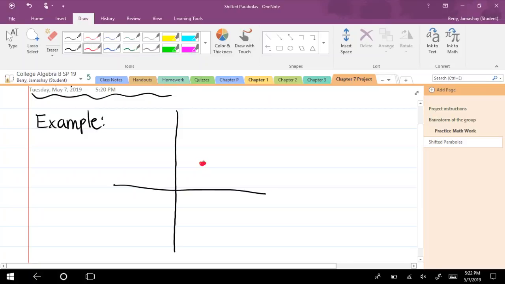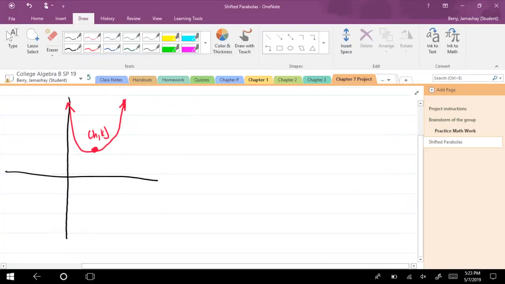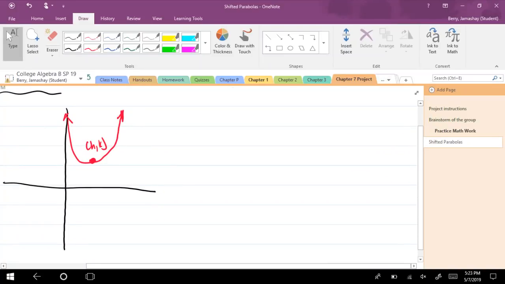For example, if your point is here at 2, 3, then here would be your point. And this is where mainly the starts of our graphs are, or one of the ways that they could be.